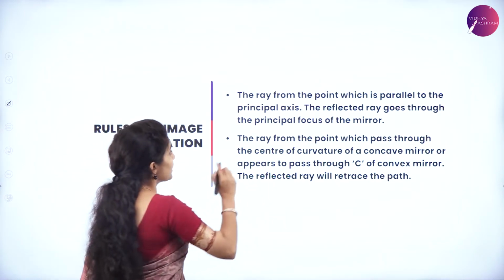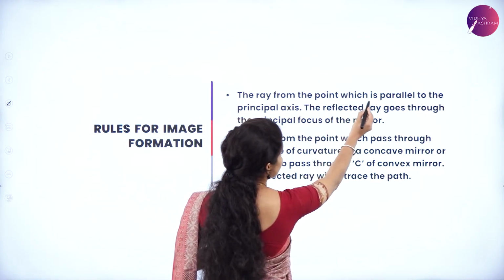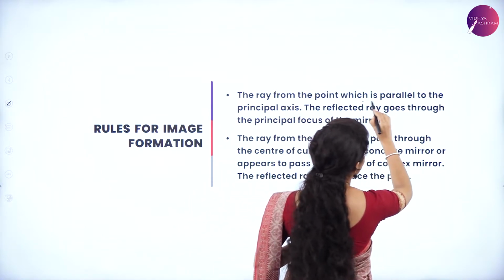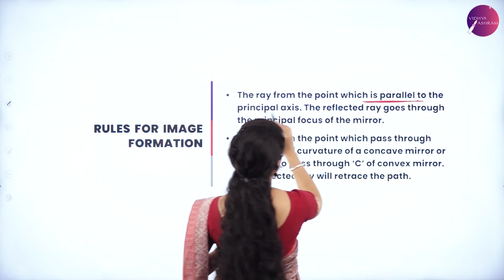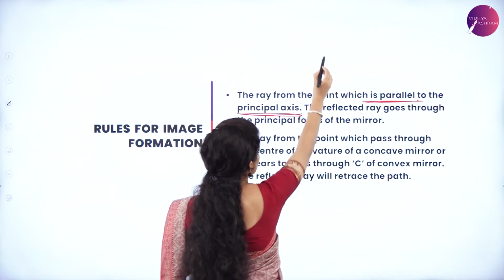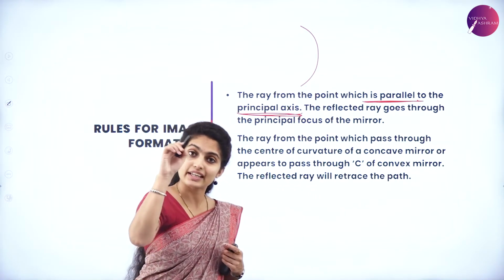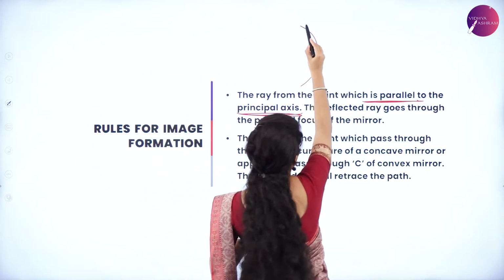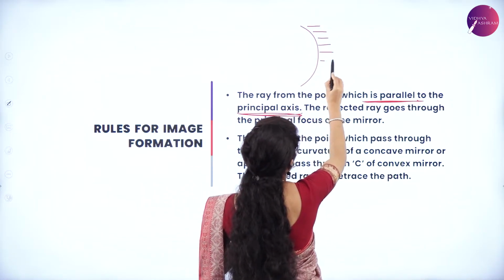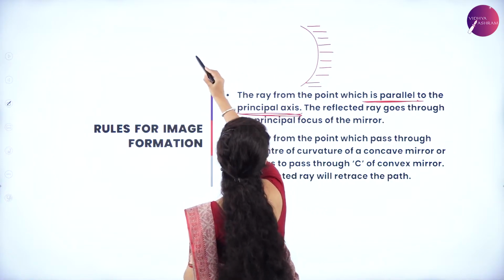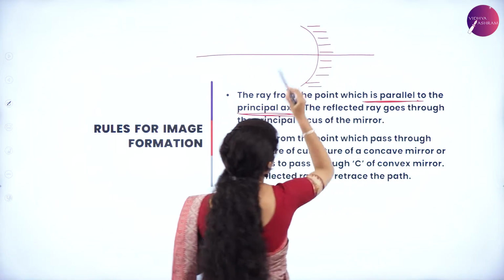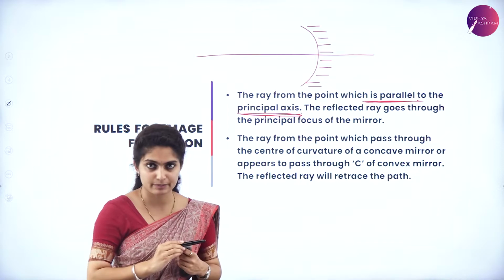So what are these conditions? Let us see. A ray from the point which is parallel to the principal axis, remember, I'm considering the case of a concave mirror, and I'll explain the convex case also. Here we have silvered one part, and this is the principal focus, and this is nothing but a concave mirror.